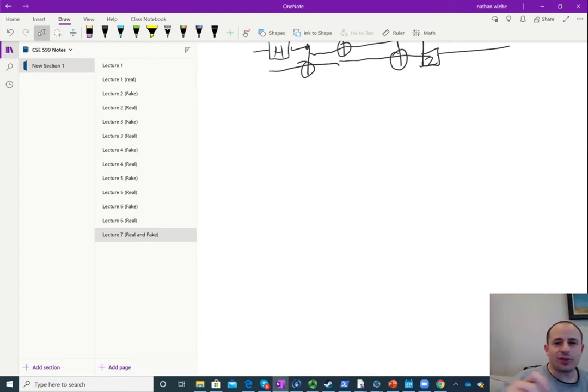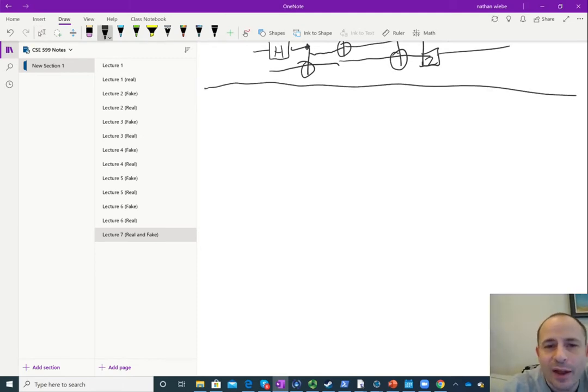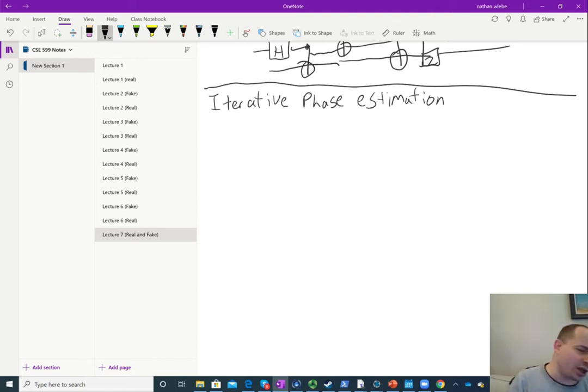Now we're going to use these ideas put together to solve the problem of estimating eigenvalues. And this process is called iterative phase estimation. Now, typically, the way that people teach this material is they usually teach you about a technique called the quantum Fourier transform.